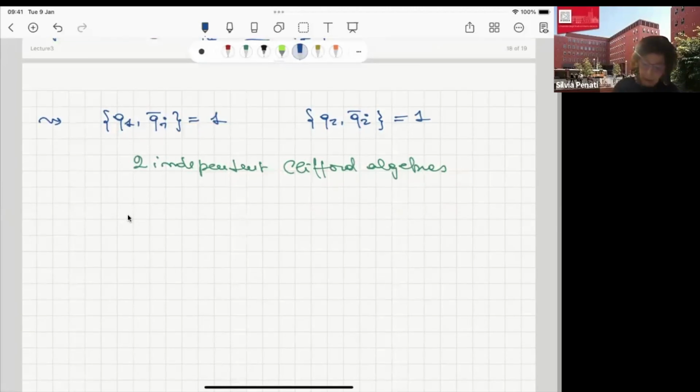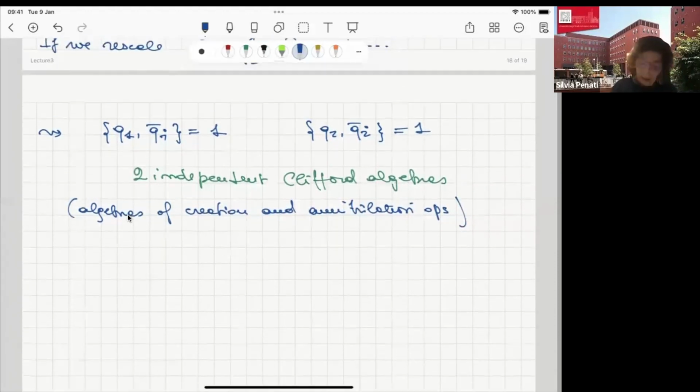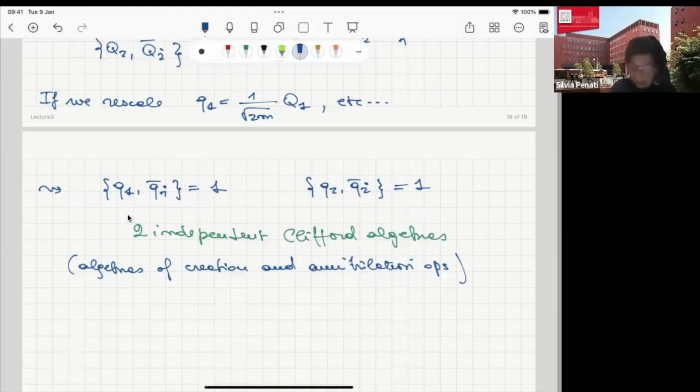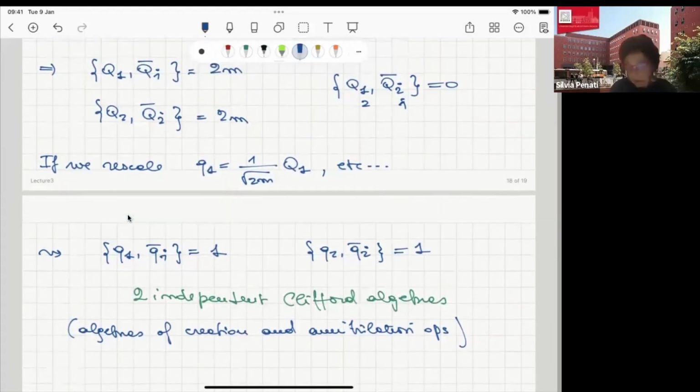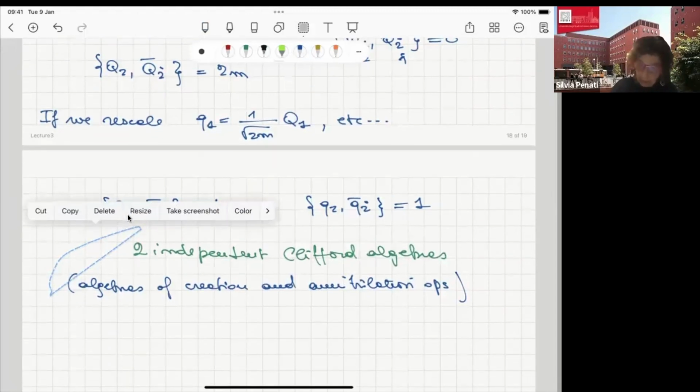So these are algebras of creation and annihilation operators. Okay, since they are anti-commuting, as usual, let me stress this point because this is important.